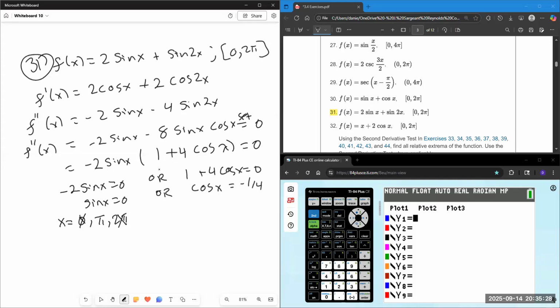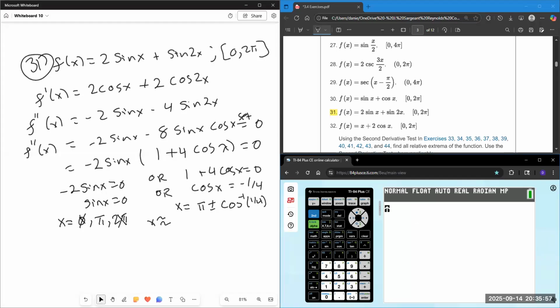And now this is a bit more interesting. I'm in quadrant 2 or 3. So I'm actually going to think about the positive version of this and add it and subtract it to pi. So x is exactly equal to pi plus or minus arc cosine of 1/4. And I'm going to approximate that with my calculator. So pi minus arc cosine of 1/4.